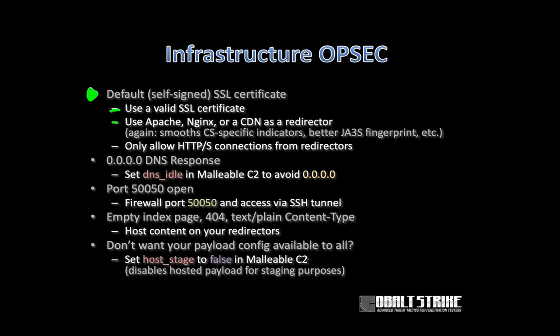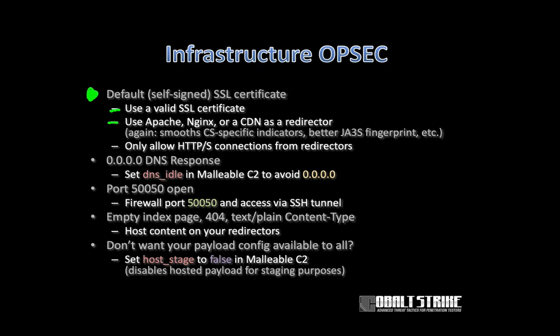I also continue to recommend that you consider using an Apache or Nginx server or a CDN as a redirector. Again, this can smooth out some Cobalt Strike specific indicators, and it can help with your JA3S server fingerprint.